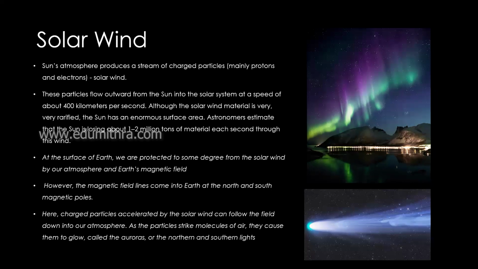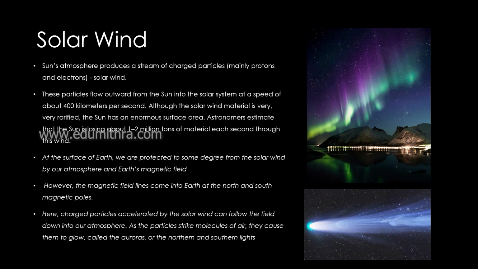But one advantage is that, especially in the case of Earth, Earth has its own magnetic field. That magnetic field can protect us from these charged particles. But there is a catch there. Even though Earth has a magnetic field, it is weaker at the poles.